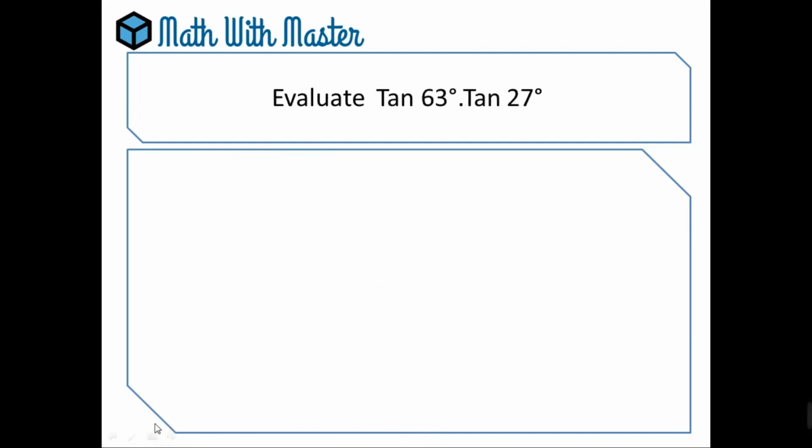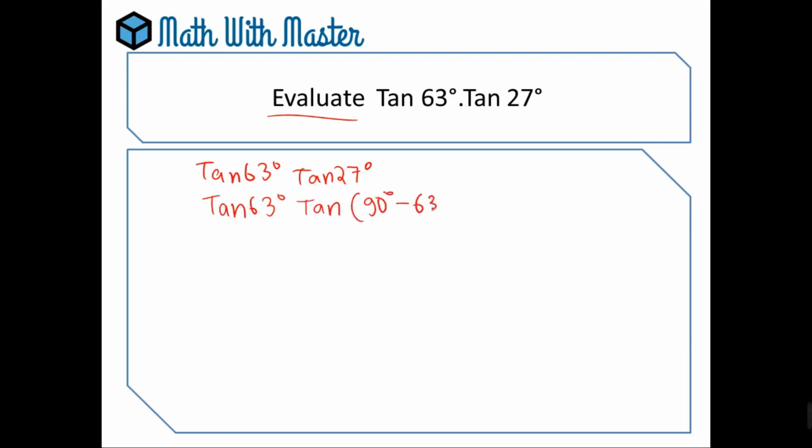Okay, let's move towards the next question. Tan 63° is multiplied with tan 27°. Now we should evaluate this. We will keep tan 63° as it is and change tan 27° into cot. We can write 27° as 90° minus 63°.